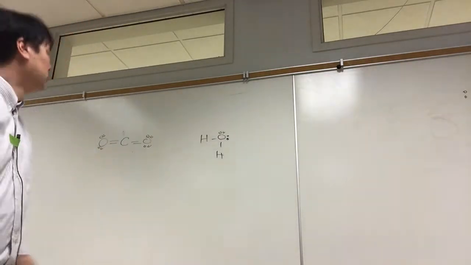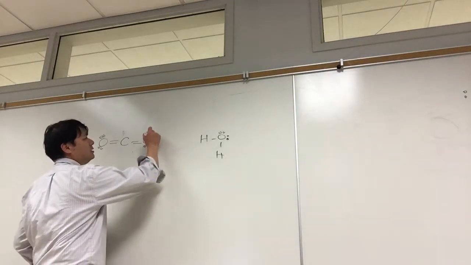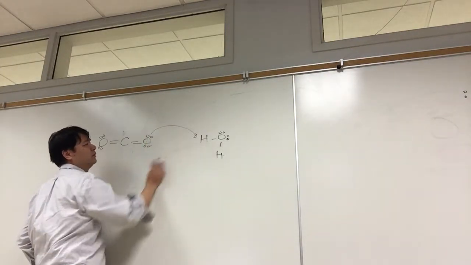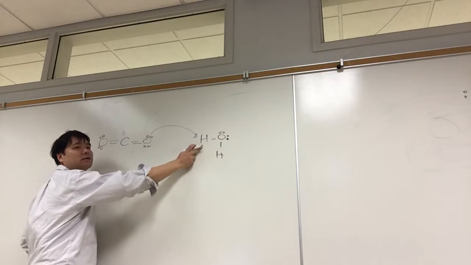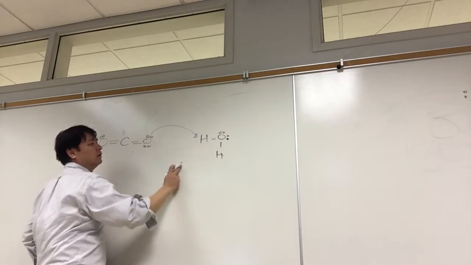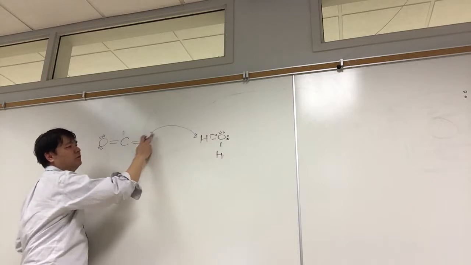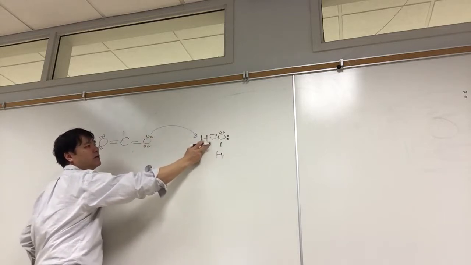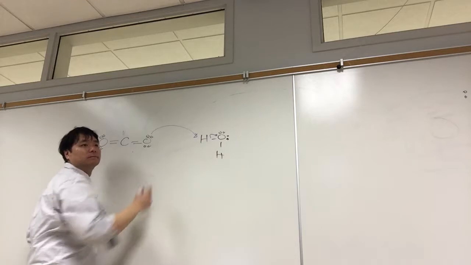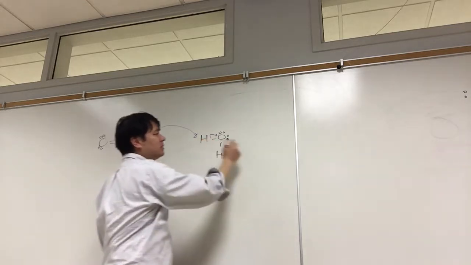Well, okay, if carbon dioxide reacted as the base, this would be scenario 2. So this attacks this, which is going to knock these out. And so this sp2 goes into the S, which kicks out the sp3 sigma bond.